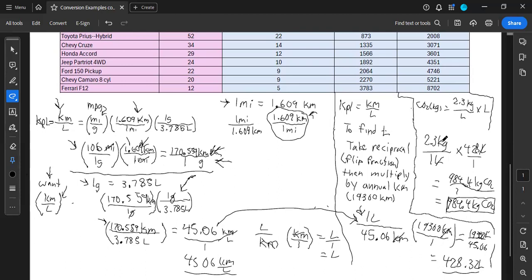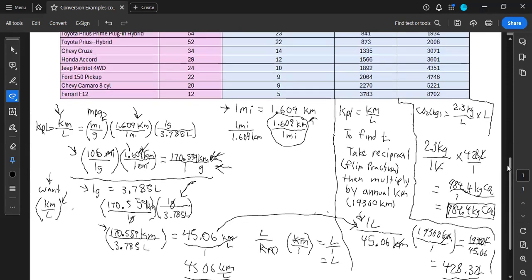We multiply the numbers out, so it's 2.3 kilograms times 428. And on the bottom, we get 1 times 1. So we end up with approximately 984.4 kilograms of carbon dioxide emitted when you burn that many liters, 428 liters of gasoline.